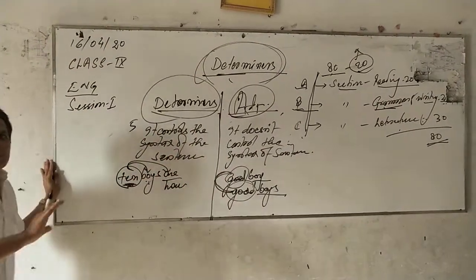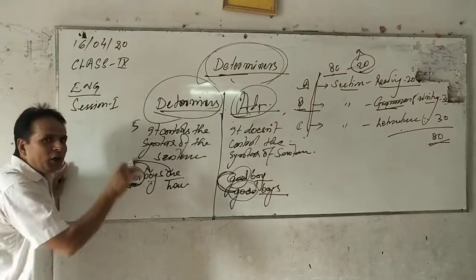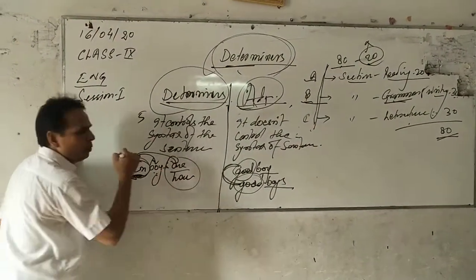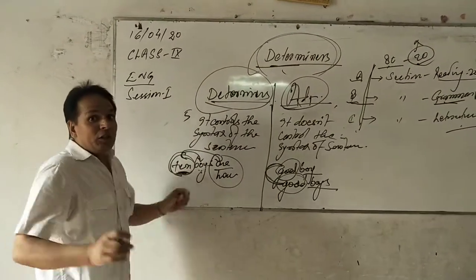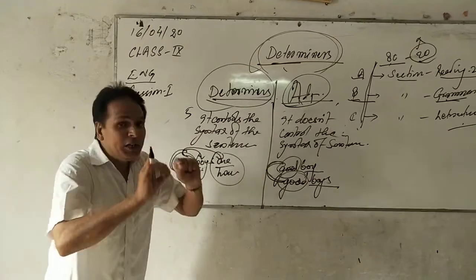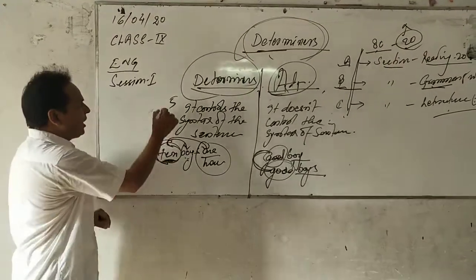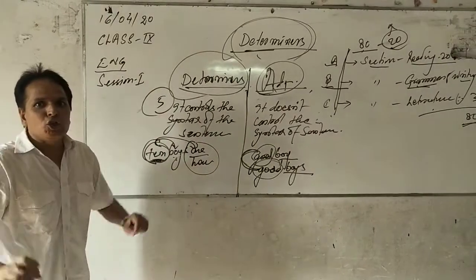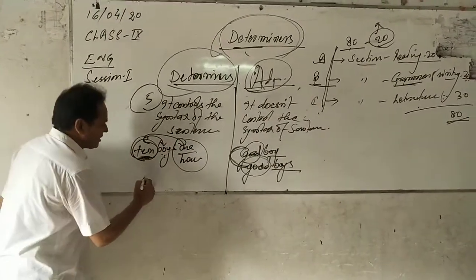The adjective doesn't make any difference, but the determiner makes a lot of difference to that noun or the syntax of the sentence. So the adjective doesn't carry much significance for the purpose of syntax, whereas the determiner is strongly recommended for the syntax of the sentence. Now difference number six.